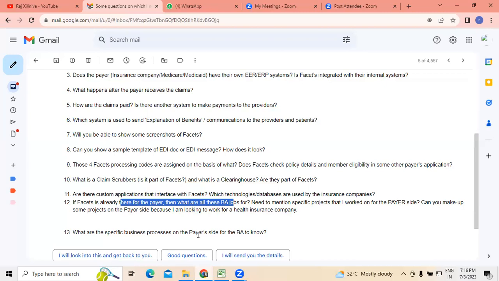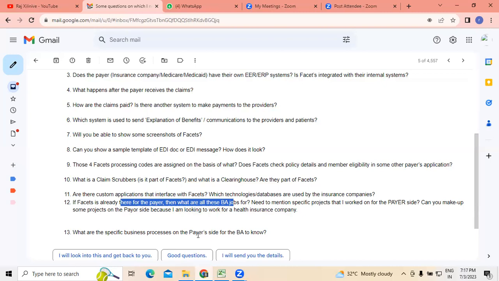Why is it required? Because these plans have to be incorporated in Facets. This is where Facets configuration comes in. For example, there is a Facets application with 10 plans now. In these 10 plans, there are 2 plans which they want some modifications to. Those modifications have to be done.